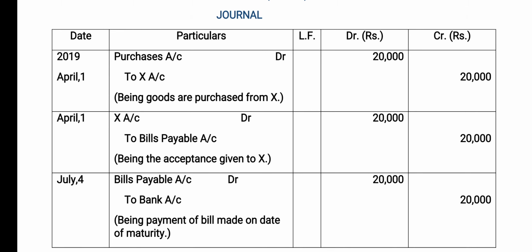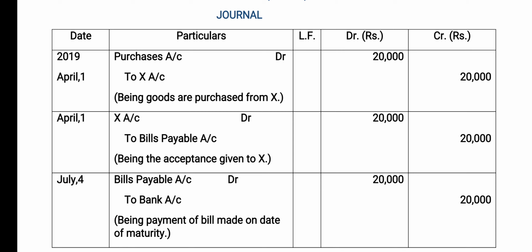First of all, when the transaction took place between the two parties, on April 1, 2019, purchases account debited to X, and the amount will remain the same on debit and credit column. Then the second entry, when the acceptance is given to X, that is X account debited to bills payable account, being the acceptance given to X.